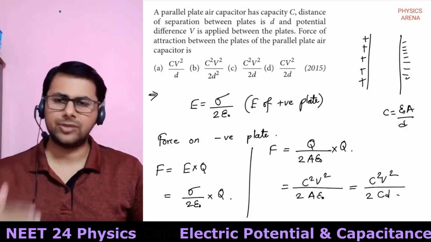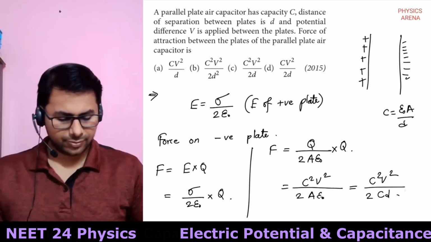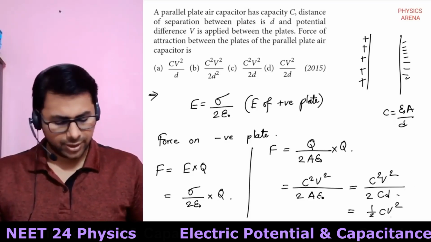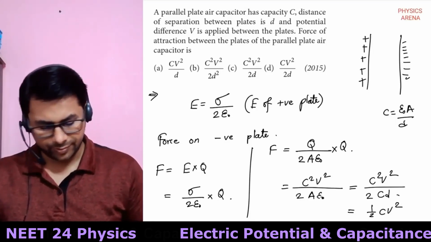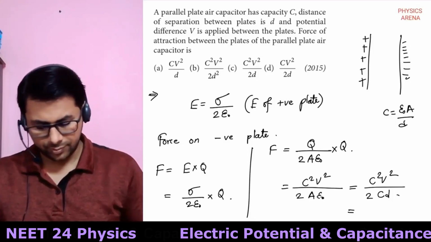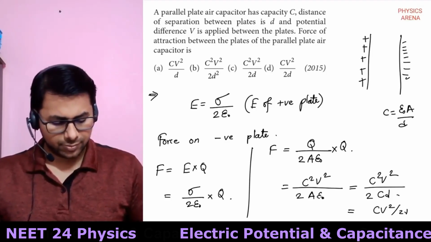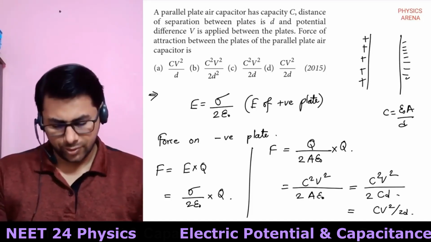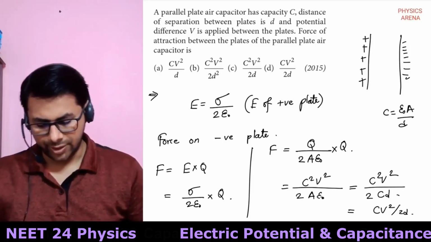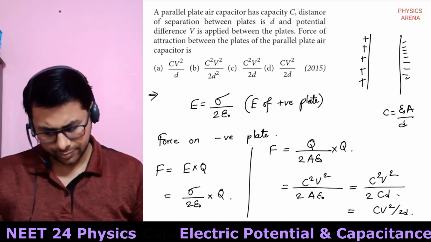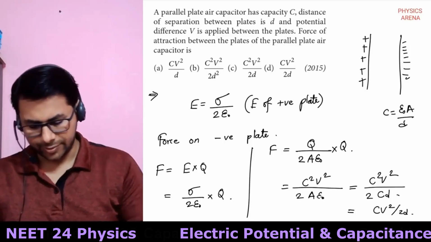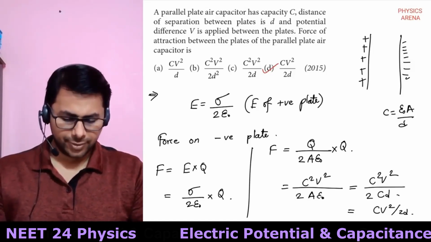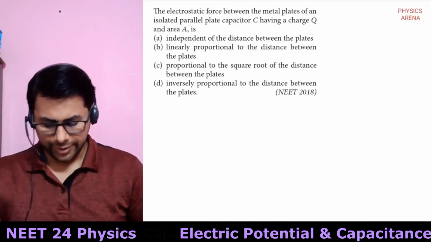So it is half of CV square upon D, or CV square upon 2D. So what's the answer? It's option D. This thing is clear. Good, then let's see the next one.